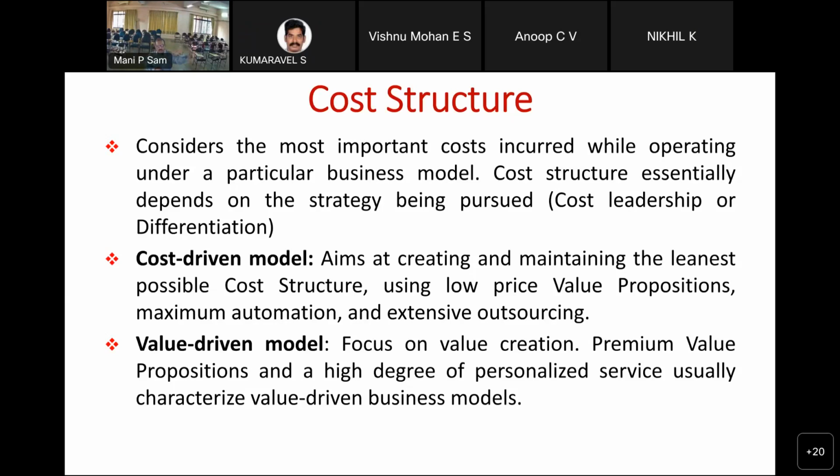So if you are trying to do a cost-driven model, all your cost structures will be the leanest, and you will try to do maximum automation, standardization, and extensive outsourcing.